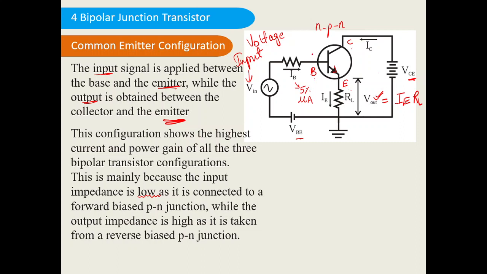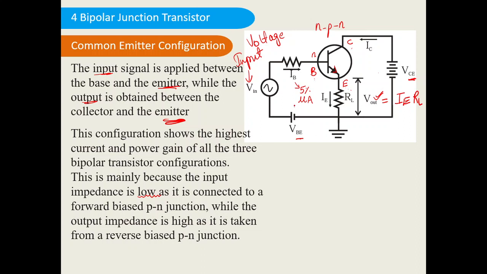The negative is connected to the negative terminal of the emitter like this, and here positive is connected to negative and negative is connected to positive. This is just the power supply connection, and it is not properly maintained.